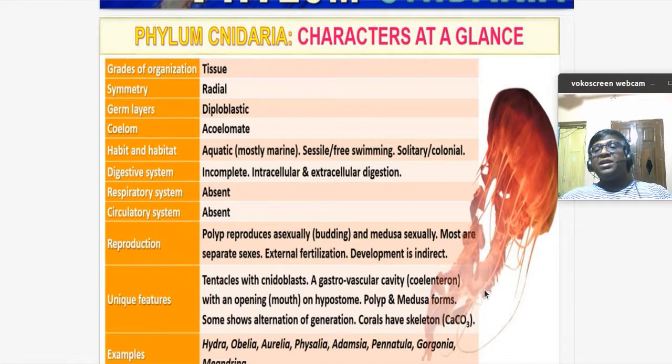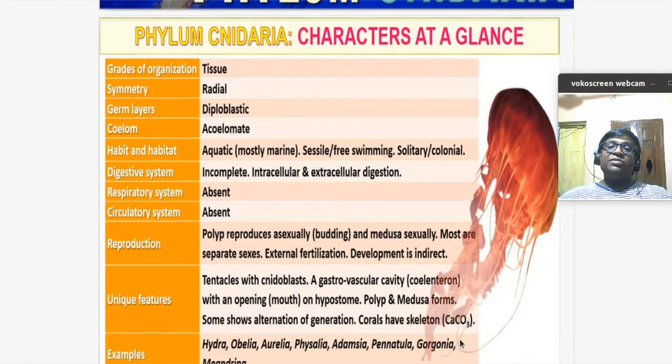The name coelenterates is derived from this gastrovascular cavity or coelenteron. So they have an opening, the mouth, on a specialized structure. A protrusion will be there, and on that they have the mouth, which we call the hypostome. So the polyp and medusa forms are noticed. Some of them show alternation of generations like Obelia. So they have a polyp generation and a medusa generation.